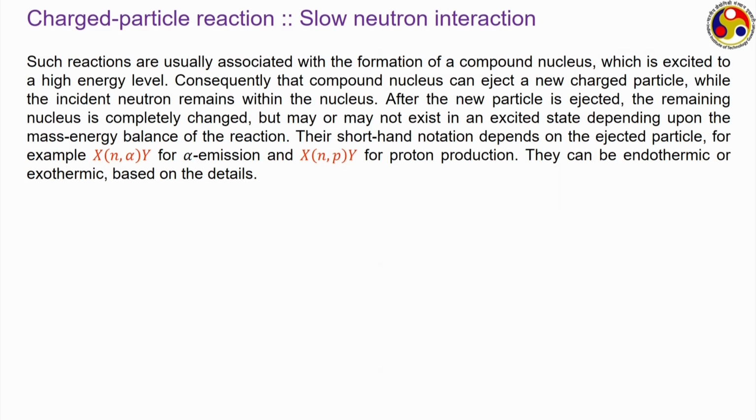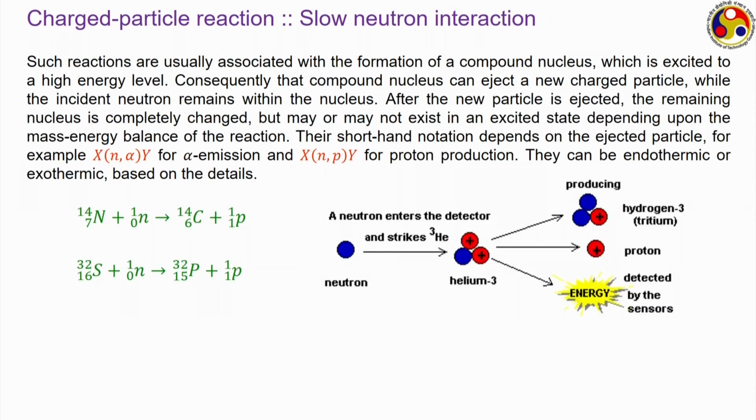The neutron remains inside the original nucleus, but the new particle that comes out leads to the development of a new isotope, which can be in an excited state or can be back to the ground level because of gamma radiation. These kinds of reactions can be endothermic or exothermic based on the details. I am showing a couple of examples here. The nitrogen 14 isotope absorbing one neutron, leading to the emission of one proton. Same for sulfur 32, leading to the emission of a proton.